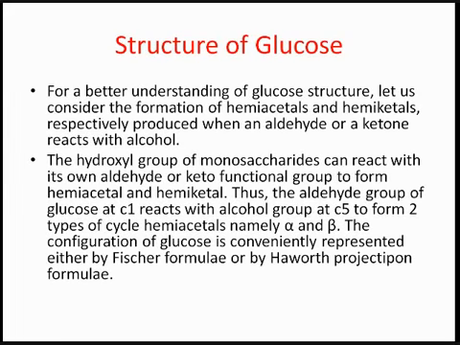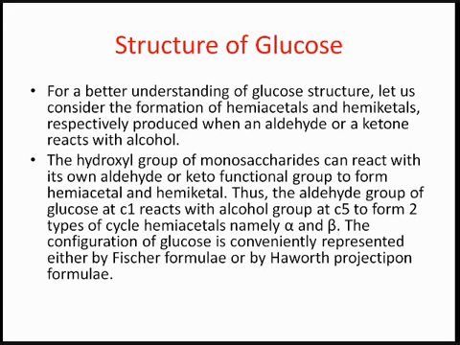So this alpha D-glucose and beta D-glucose are known as anomers to each other. They are known as anomers. So now what is the definition of anomers? If two monosaccharides differ from each other around their configuration at C1, they are known as anomers to each other.